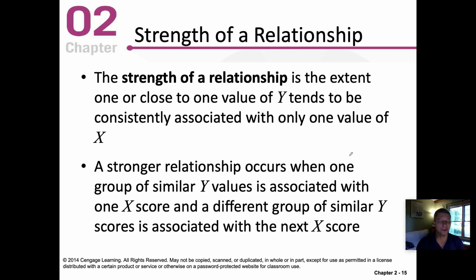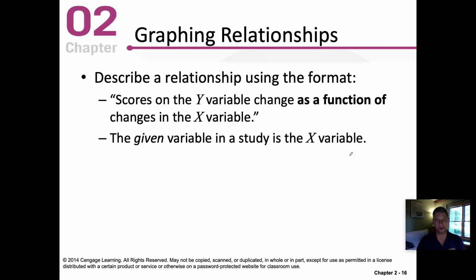On the other hand, if the relationship is not very strong, then you can't really predict what the y value is going to be for a certain value of x. All right, so you have to keep all of those things in mind as you look at the strength of these relationships.